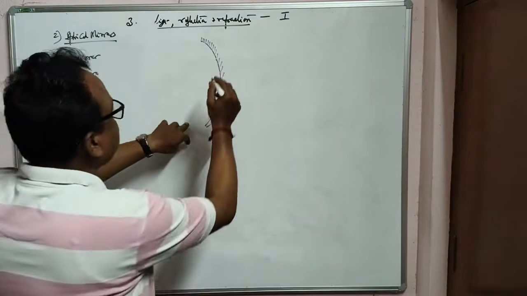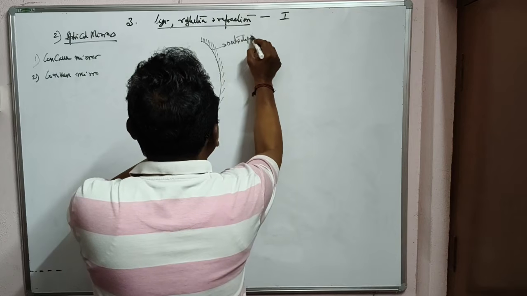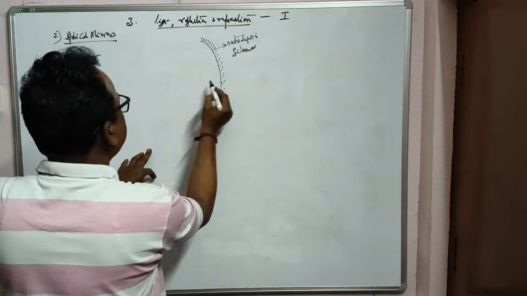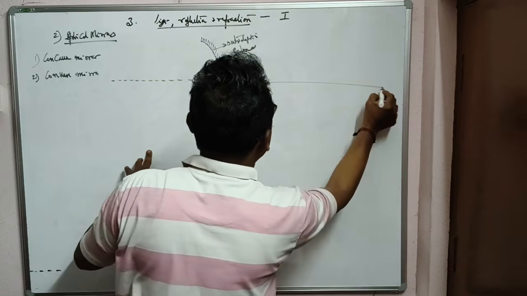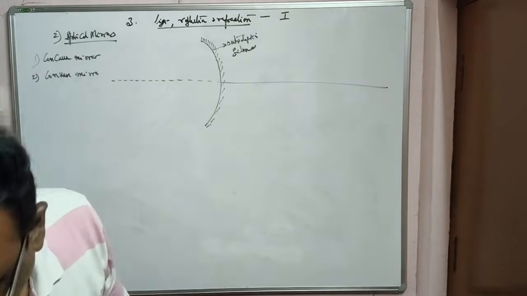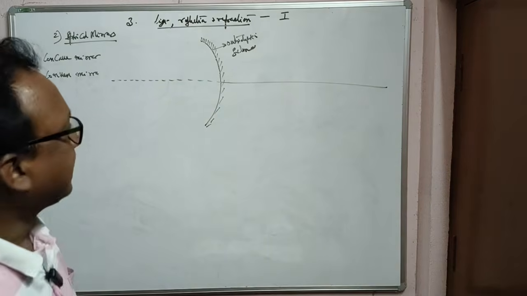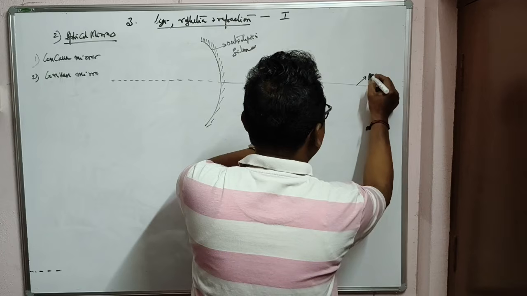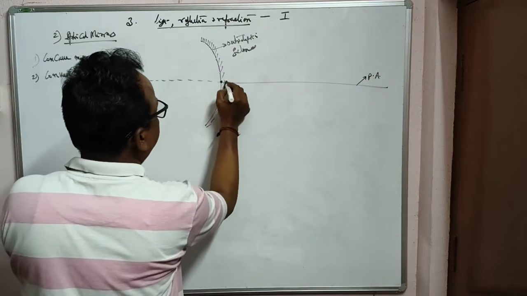So if the outside part is silvered, you can see here, the outside part is silvered, and this is the imaginary line passing through the center. This is also called the principal axis, PA. And the center point is called the pole of the mirror.